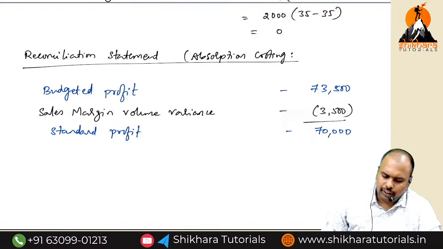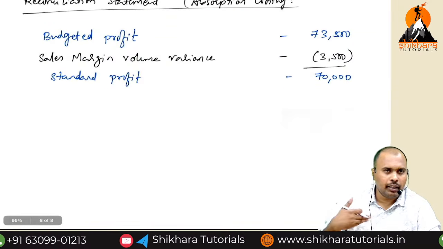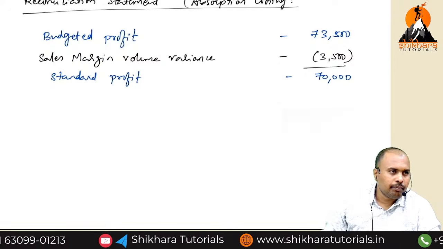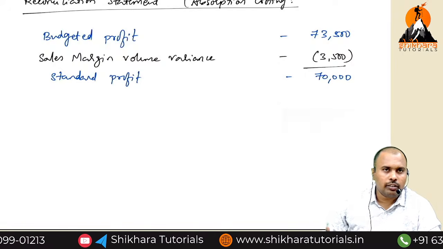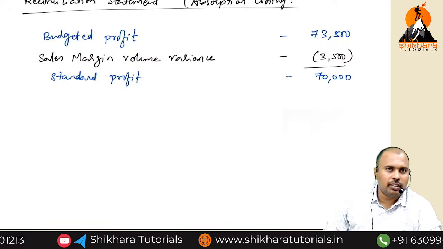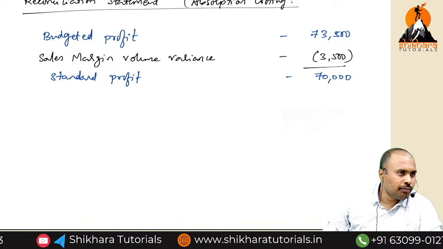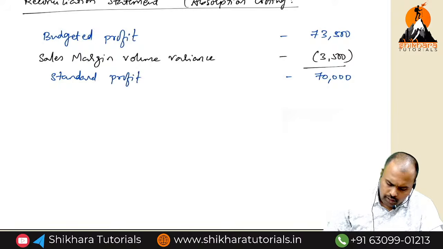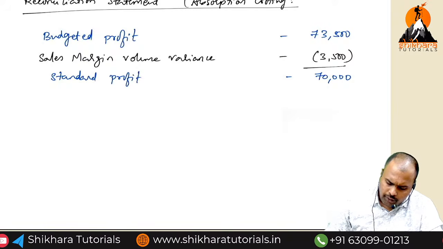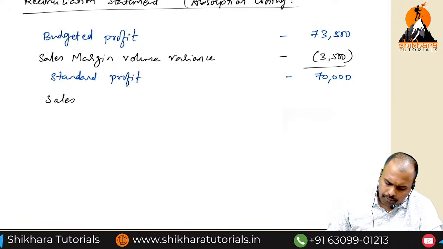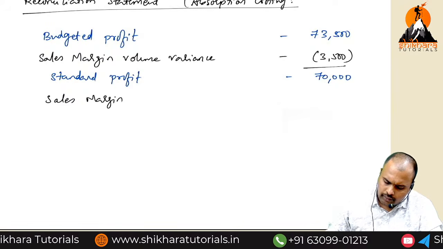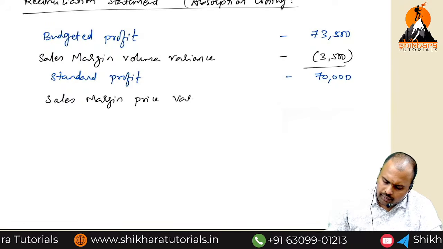Clear? At least if you can remember the statement, that's fine. Clear? Logic's okay. After exam, if we do it, 1 month only is there, right? We cannot do all the logics now. Clear? Now, to this we have to adjust sales margin price variance.